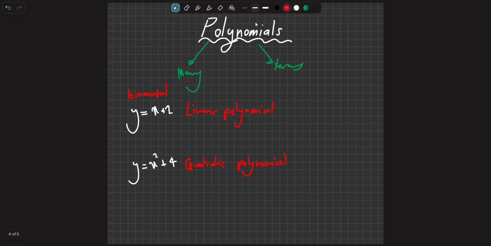There are lots more, okay? We have y equals, for example, x cubed plus x squared plus x plus 1. This is still a polynomial, except with the highest degree being 3 right there, okay? And we call these ones cubic polynomials.